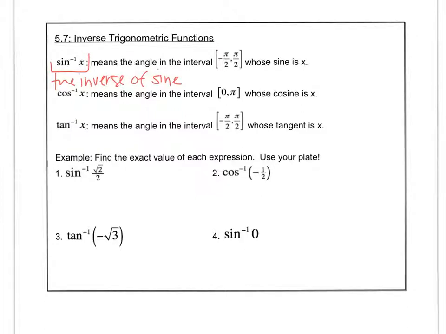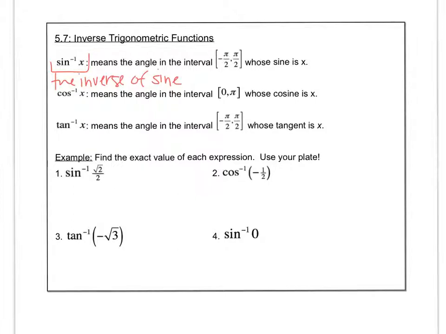You're going to see that each of these has its own interval, in which the sine is x. Cosine -1 means to find the angle in the interval 0 to pi whose cosine is x. And tangent -1 of x means find the angle in the interval from negative pi over 2 to pi over 2 whose tangent is x.